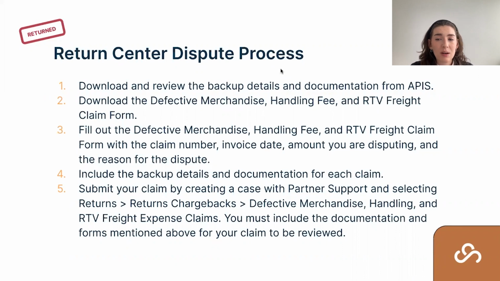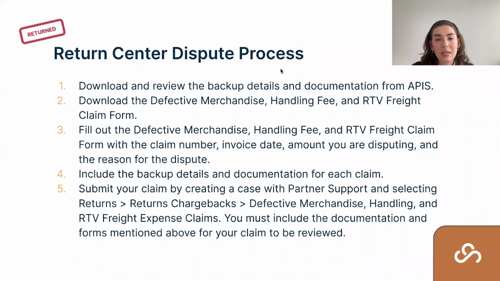If there's anything else attached to that, you would put it into the defective merchandise handling fee and RTV freight claim form. It's such a long name. You'll fill out that form with the claim number, invoice date, amount you're disputing, and the reason for the dispute.